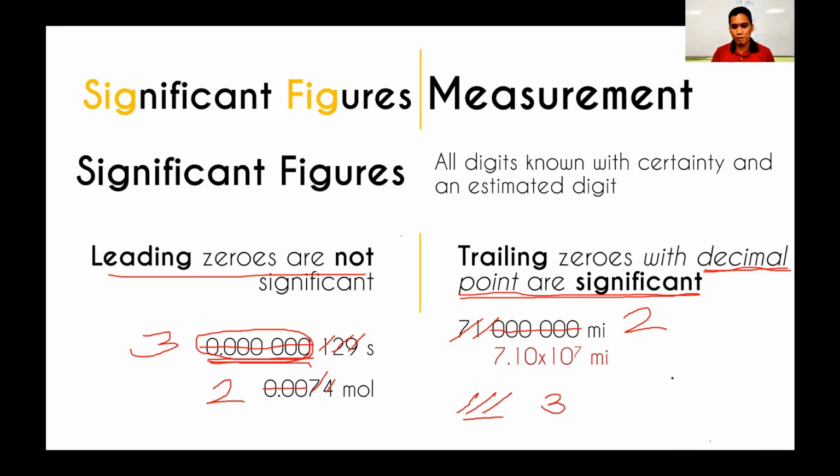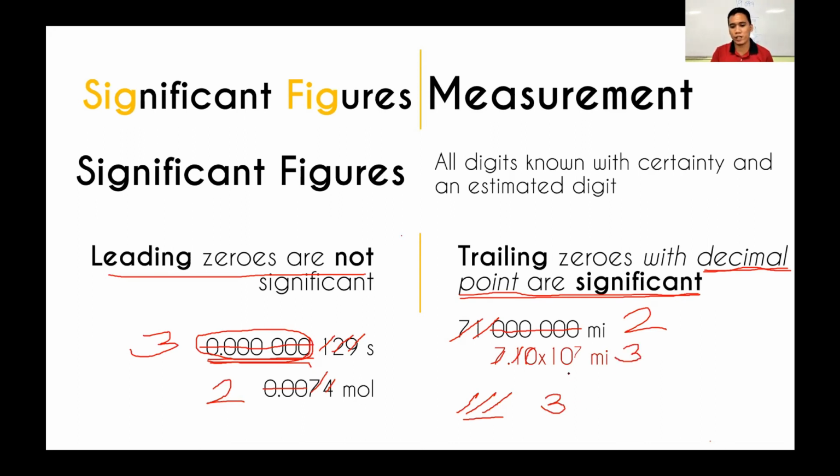For example, in this case, 71 million. We move 1, 2, 3, 4, 5, 6, and 7. So we have 7.10 times 10 to the power of 7. How many significant figures? We have 1, 2, and 3. So we have 3 significant figures.